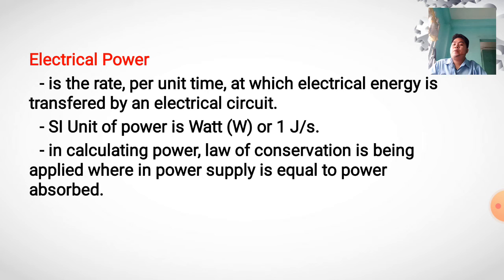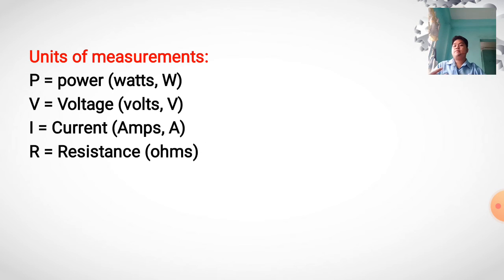In calculating power, the law of conservation is applied, wherein power supplied is equivalent to power absorbed. For the units of measurement: power, the unit is watts, or capital W. For voltage, volts, or V. For current, we have amps, or capital A. Resistance, ohms, or omega.